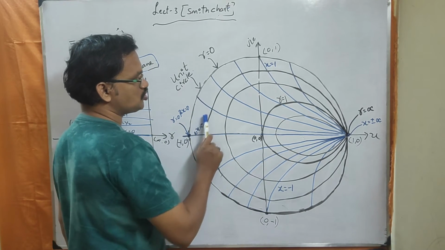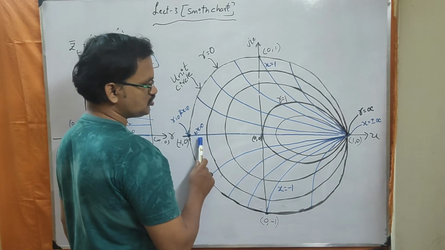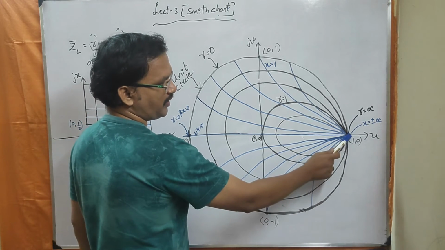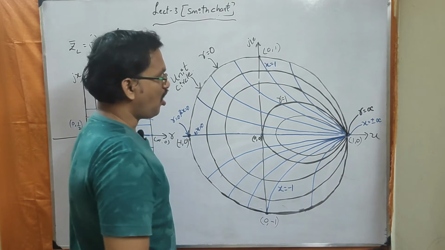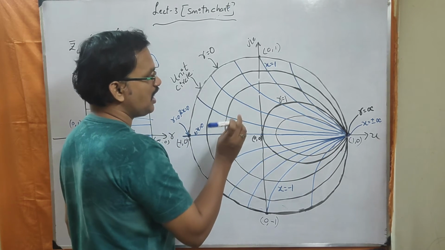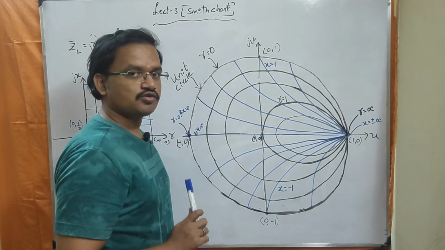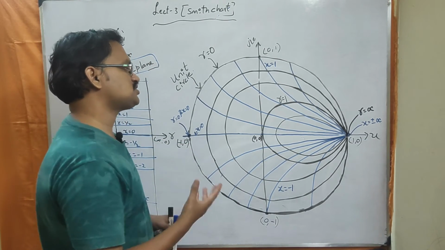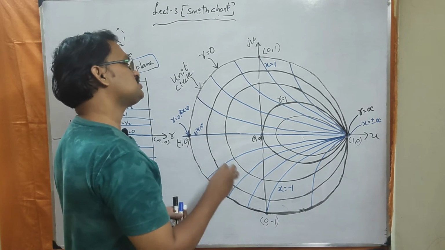So from X is equal to 0 to X is equal to plus infinity, and from X equal to 0 to X is equal to minus infinity. So we have represented all the values of reactances and resistances within the unit circle.